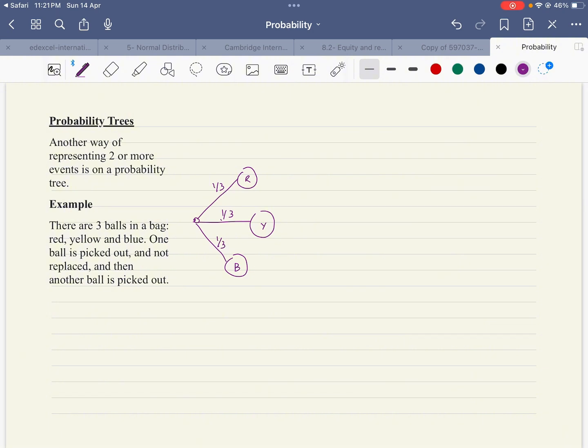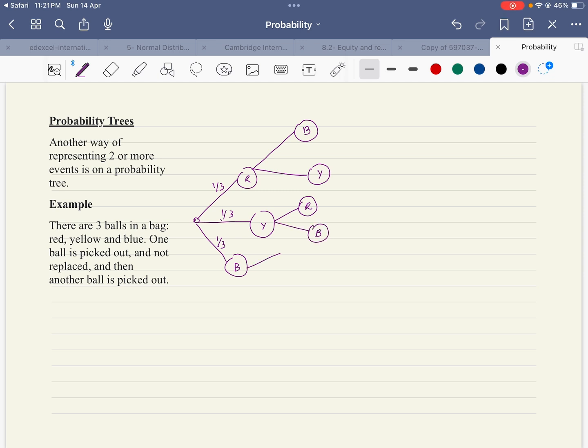If a red ball is picked, then chances are on the second pick you will either get a blue ball or a yellow ball. If you have picked a yellow ball, then on the second pick you will either pick the red ball or the blue ball.